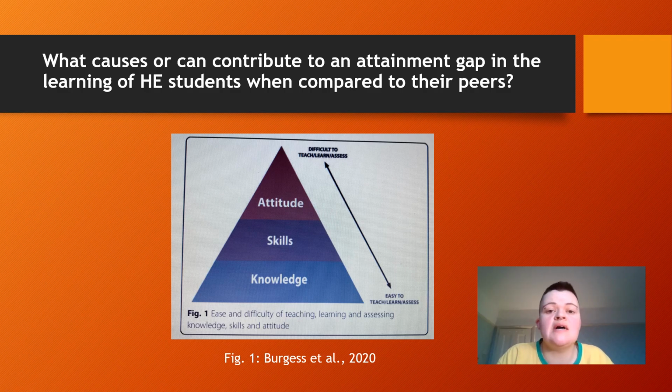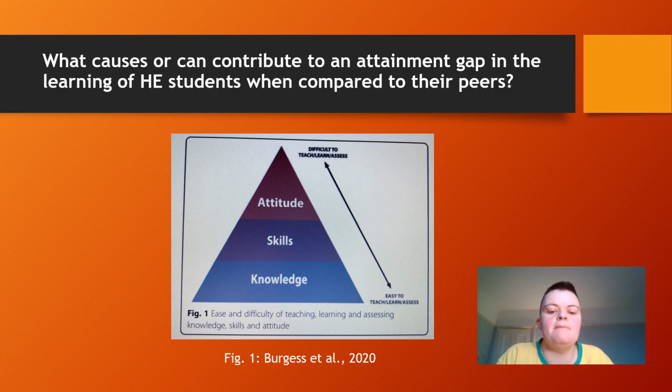Now, assuming that everyone in your classroom is already there, we're not looking at financial reasons as to whether or not they can be there, or any other factors in why they came to be in the classroom. We're looking at the fact that they're now in the classroom. What is causing the attainment gap in their learning in your setting?